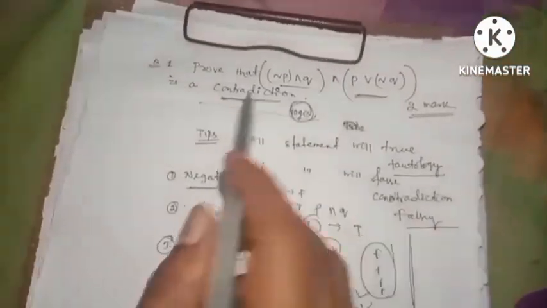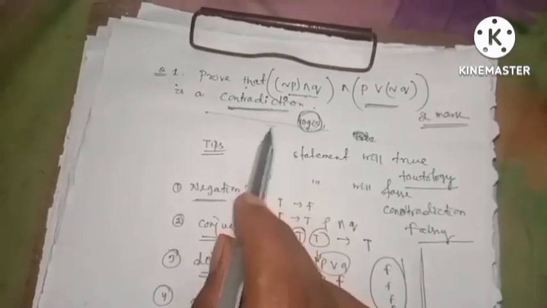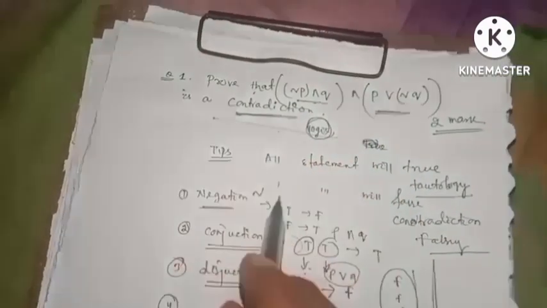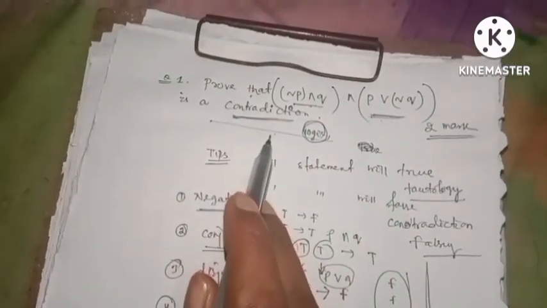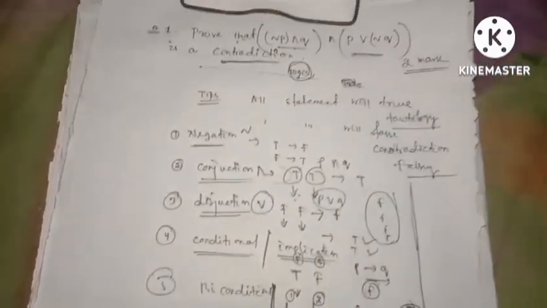This question can also be solved another way, but I will solve it in a truth table, because this question does not mention the process. You may solve it by another process.